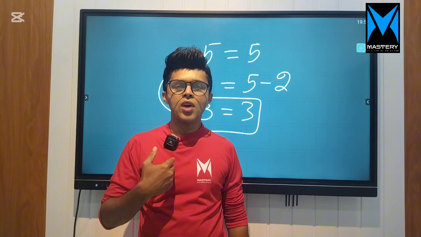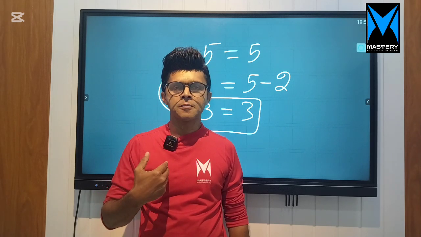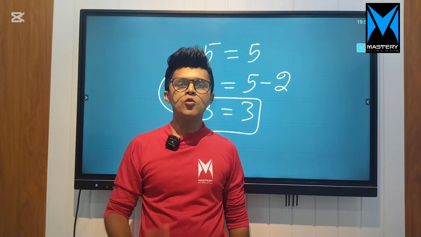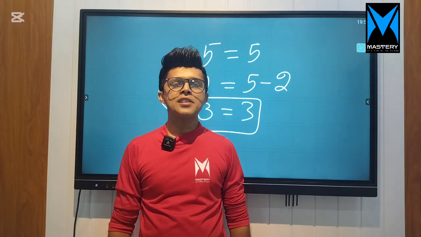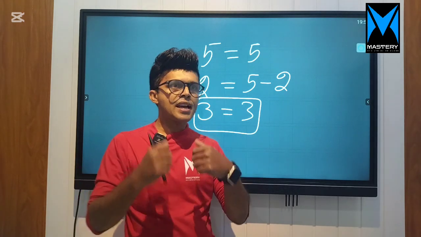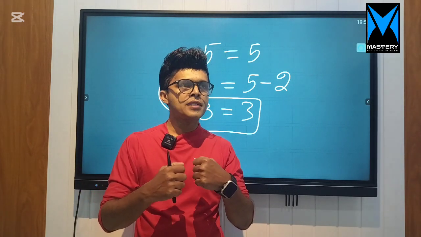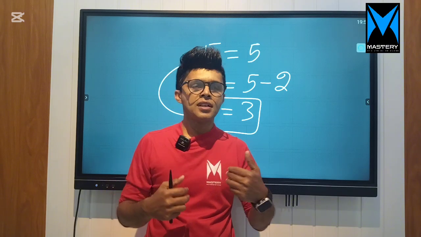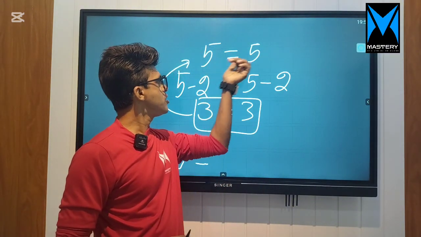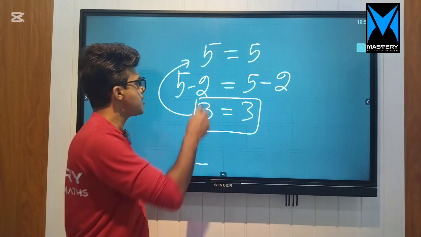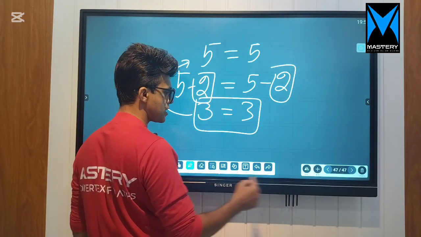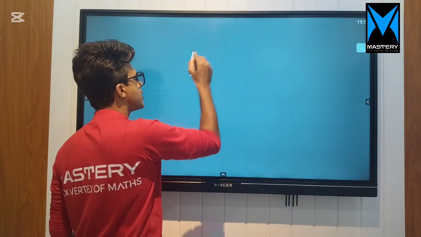So when I subtract 2 from both sides, what answer do we eventually get? That is 3. The resulting answers are equal: here 3, here 3. When you subtract the same digit from 5 and 5, here 2 and here 2, you are subtracting the same digit. Then 5 equals 5.